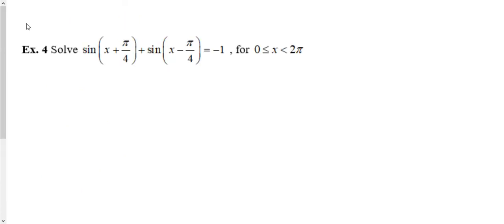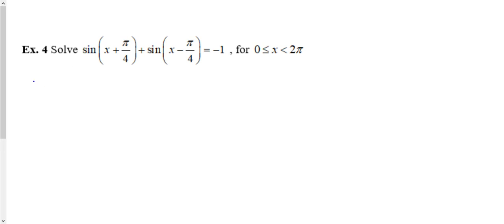In the next example, example 4, it says solve sine of x plus pi over 4 plus sine of x minus pi over 4, and all of that has to equal negative 1, where x has to be between the restriction of 0 and 2 pi. So first things first, I'm just going to rewrite out my equation here. There we go.